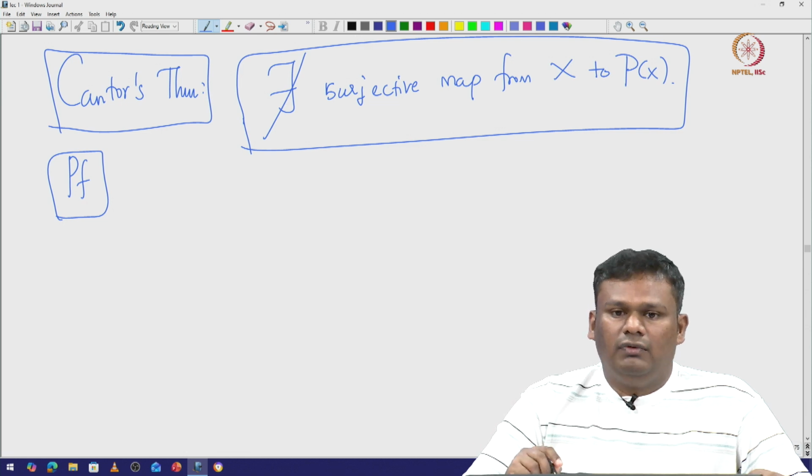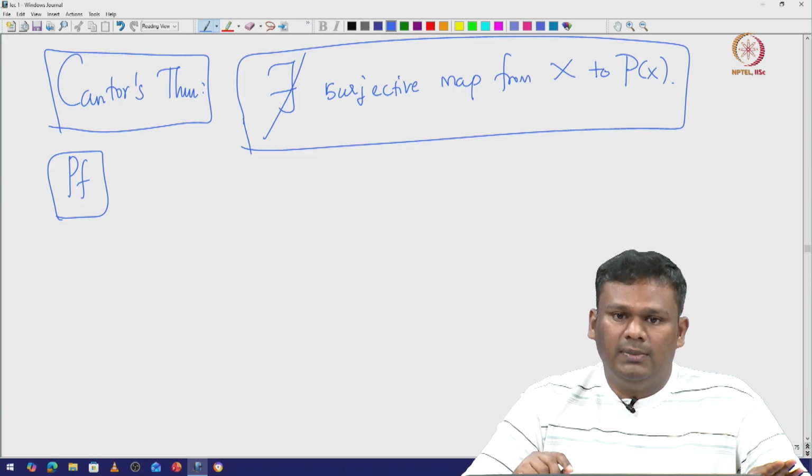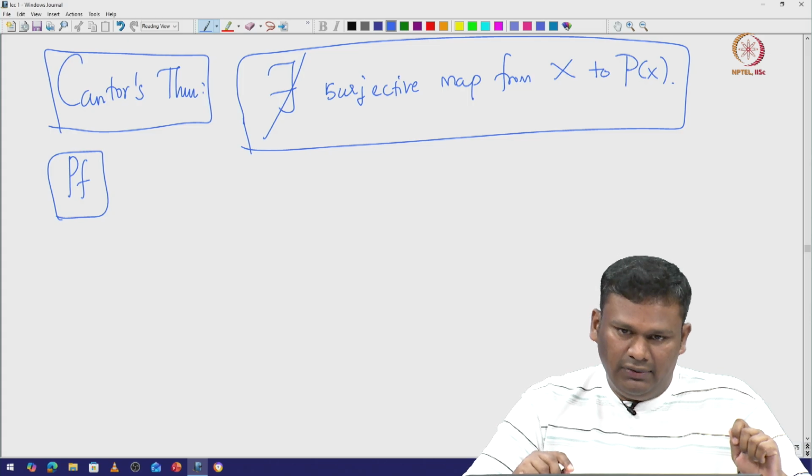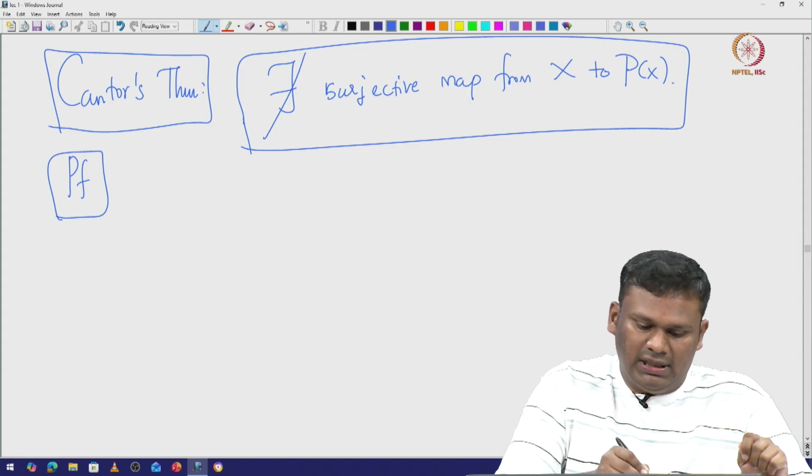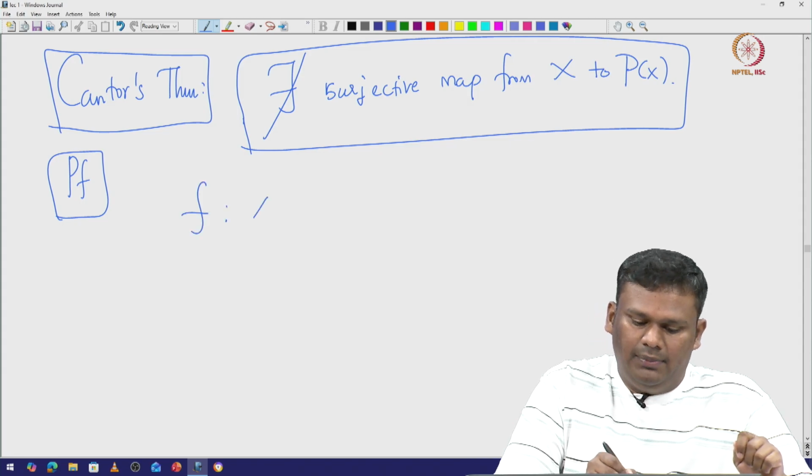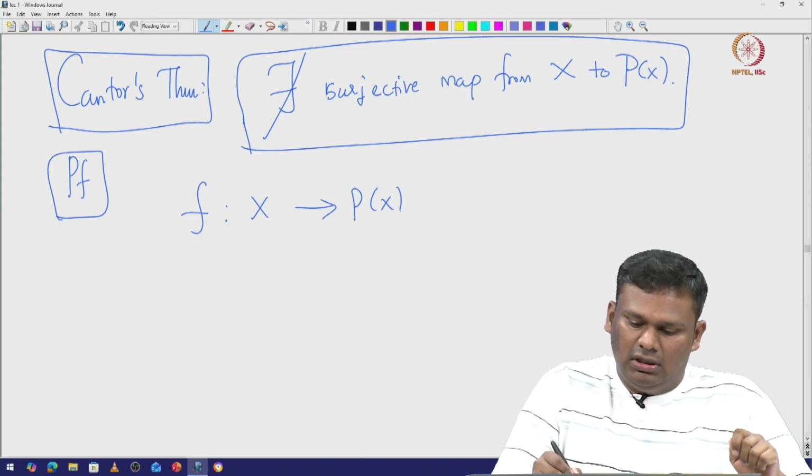So, what did we want to prove? We wanted to prove that there is no surjective map from x to the power set of x. On the contrary, we will assume that there is such a map and then arrive at a contradiction. So, let us say we have a map from x to the power set of x which is surjective.